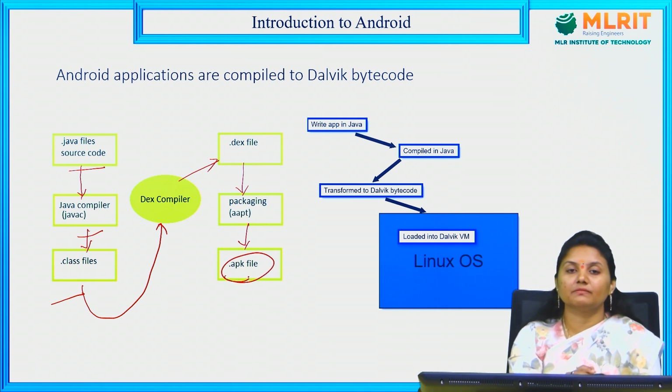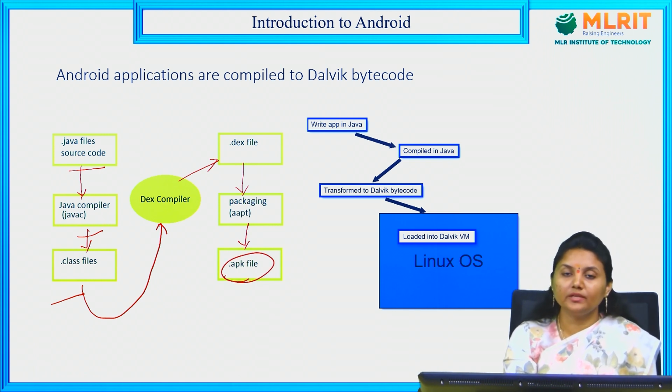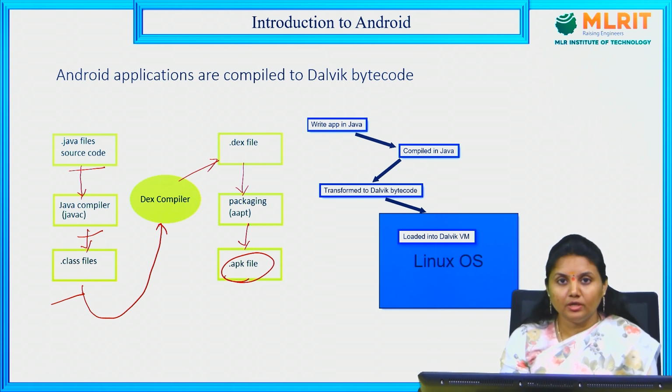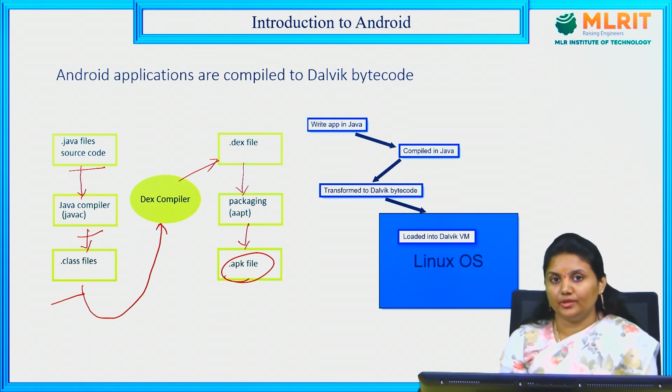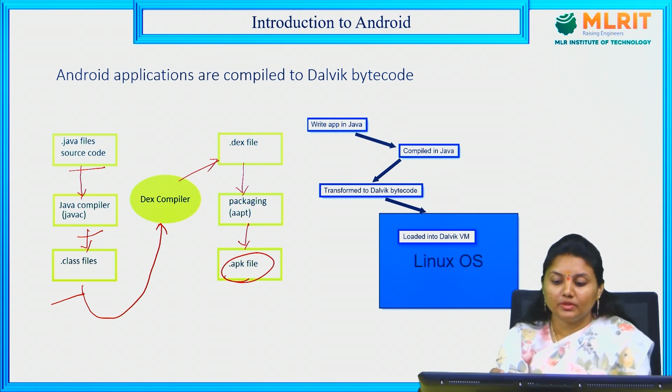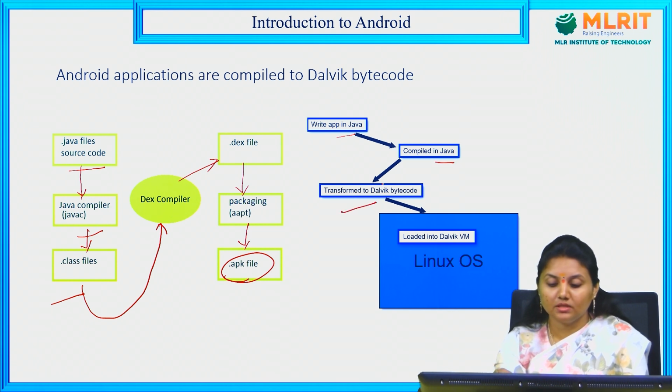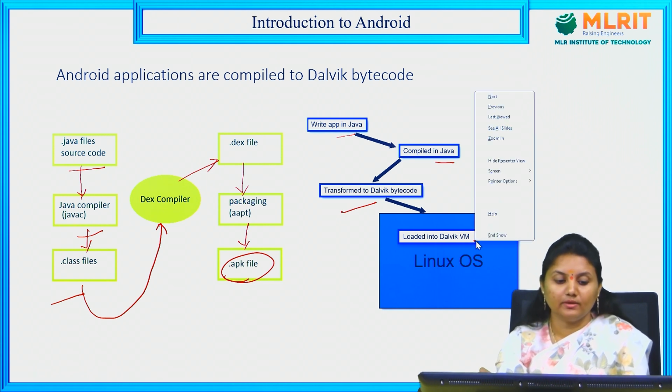The APK file is a file that can be stored and accessed on your Android mobile phone, and that APK file is used for deployment of your application onto Android. So write in Java code, compile and transform to Dalvik bytecode, and it is loaded into the DVM. So your Linux will support DVM, using Android Studio.